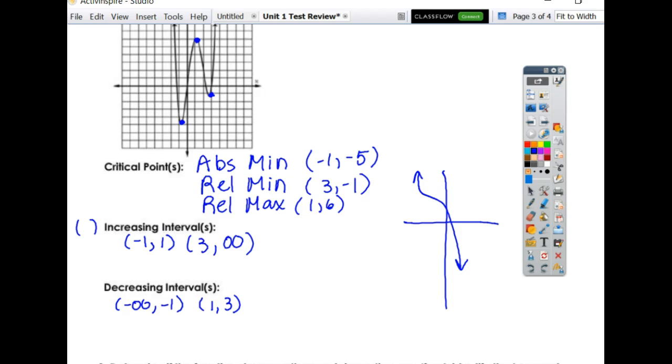So it increases from -1 to 1, and then it goes back down from 1 to 3, and from 3 to infinity it increases. We always use parentheses on these. Okay, it's in your notes. Absolute is the absolute highest, and relative is not.